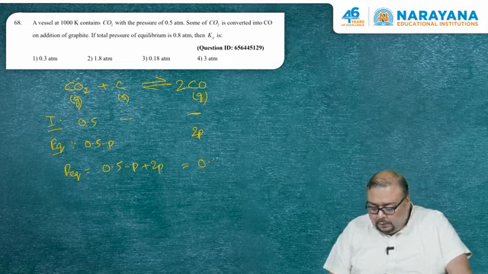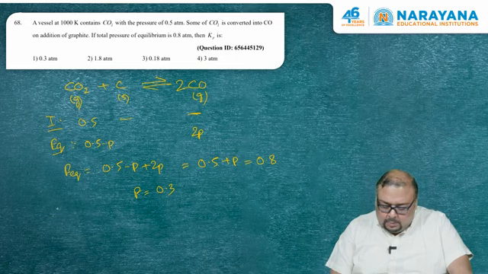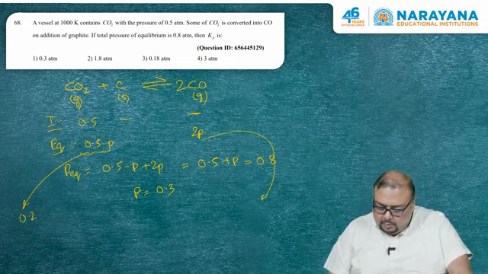It will be 0.5 plus P, and that will be equal to 0.8. So value of P will be equal to 0.3. So this value will be 0.2, and this value will be 0.6.